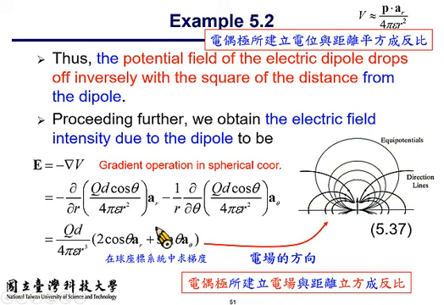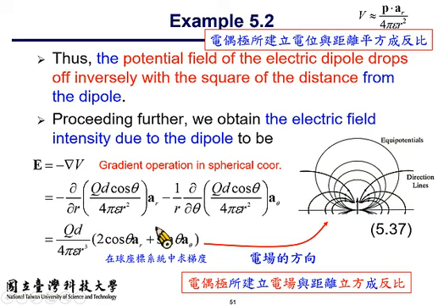This is V, taking the partial derivative with respect to r, and you end up with 2 over r to the cube. And for this one, you need to take the partial derivative of V with respect to theta. So cosine theta becomes minus sine theta.